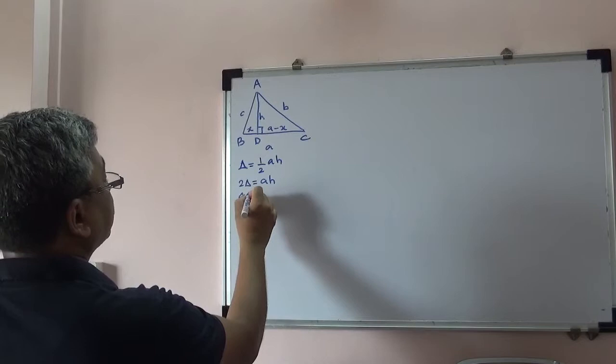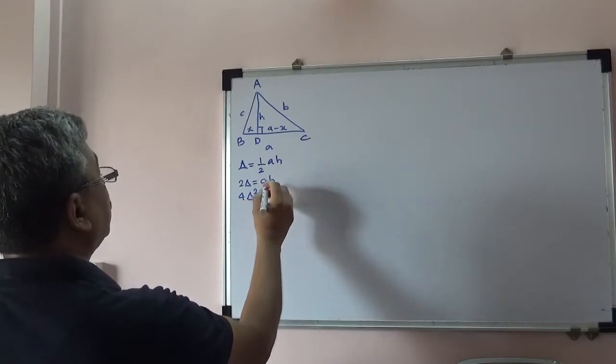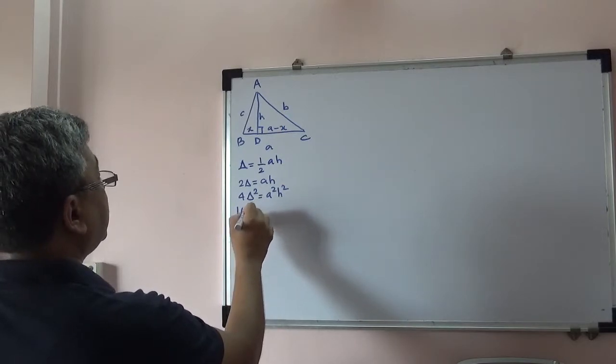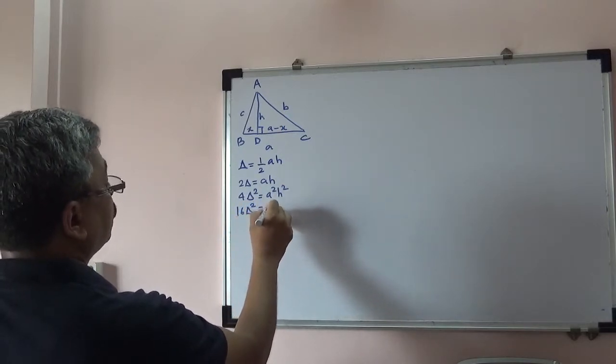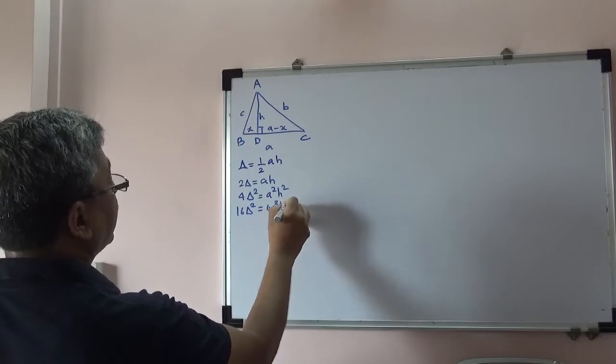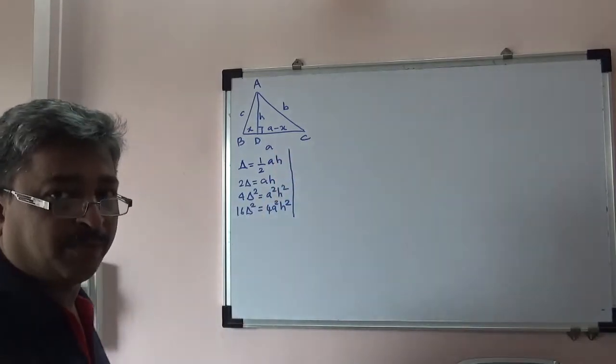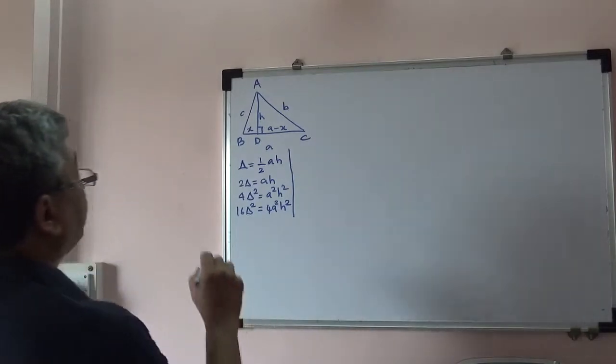So 4 delta square is equal to a square h square. 16 delta square is equal to 4 a square h square. I know we will require this eventually, and therefore I am keeping it ready.